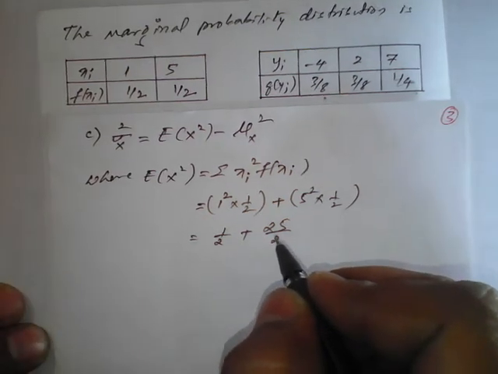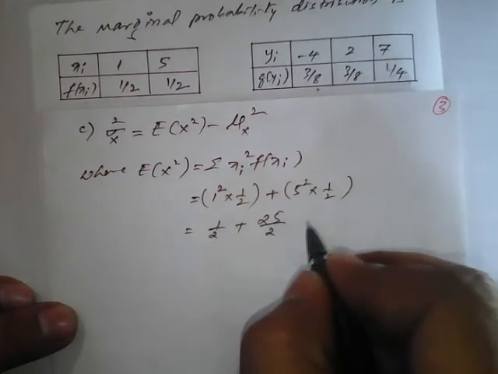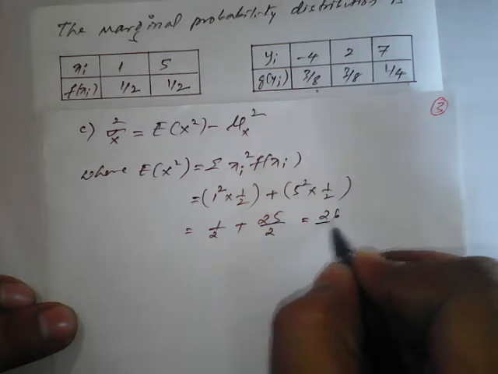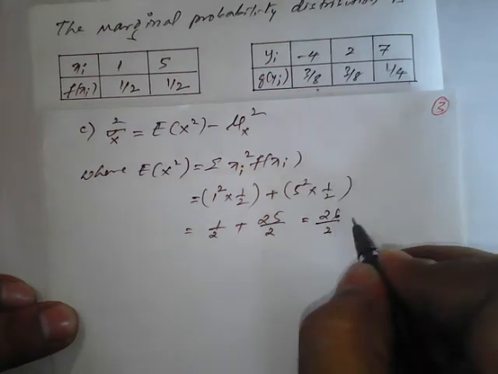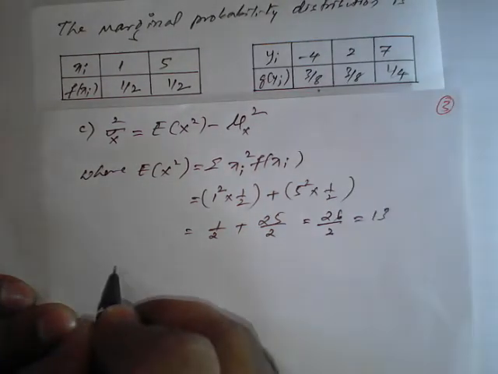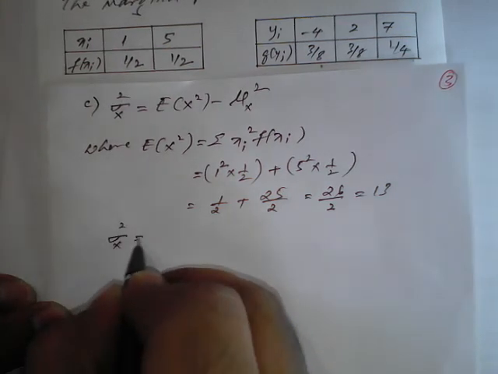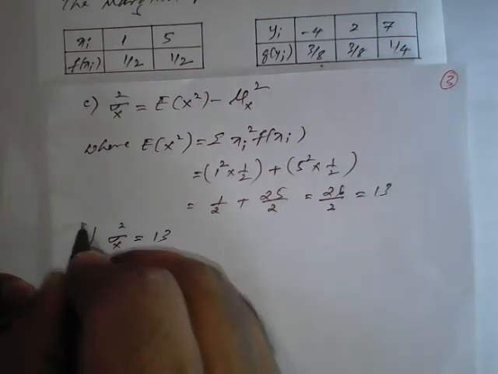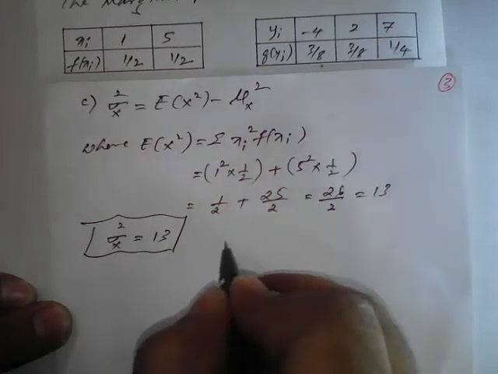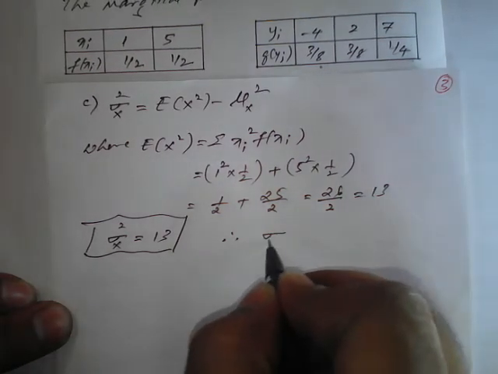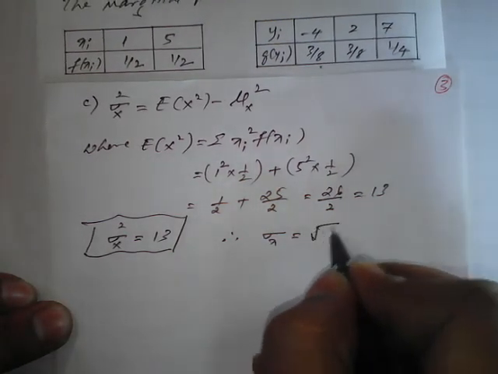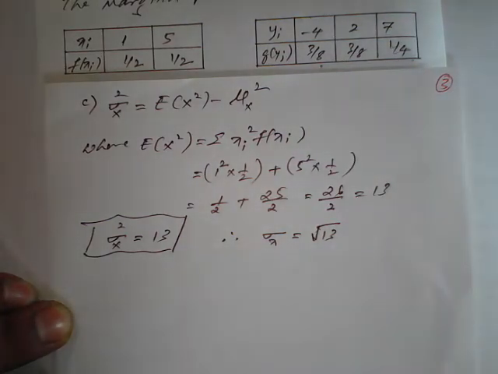Simplification is 25 plus 1 is 26 by 2, which is nothing but 13. So expectation of x square is 13.